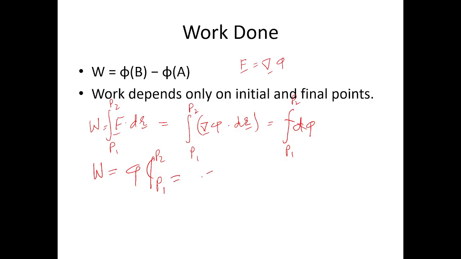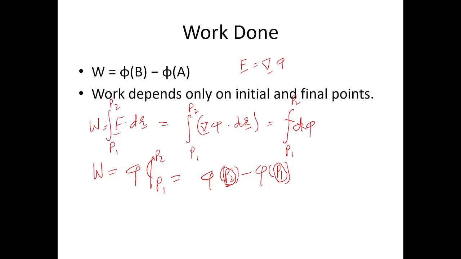And that gives me phi at P2 minus phi at P1. So the initial and final points are necessary only. Phi at the final position and phi at the initial position, the difference will give me the work done, not the path.